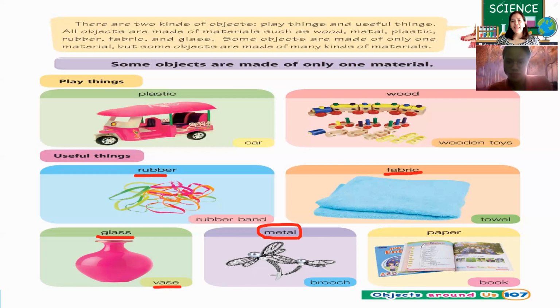Then we also have paper. Example, our books. Our books are paper. Paper in Thai, what is paper, teacher? Do you know, paper is an easy word? Can you guess? Tell teacher now. Very good, กระดาษ.